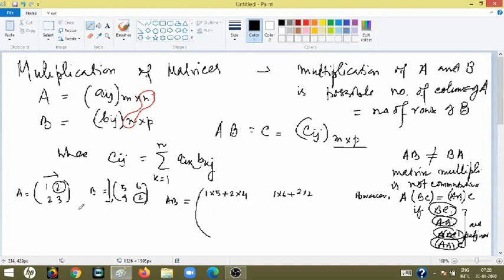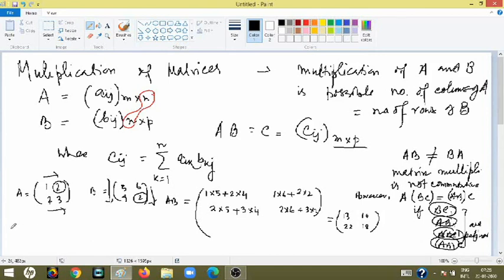Now for the second row: 2 into 5 plus 3 into 6, and 2 into 4 plus 3 into 2, which produces the result 17, 14, 28, 14.